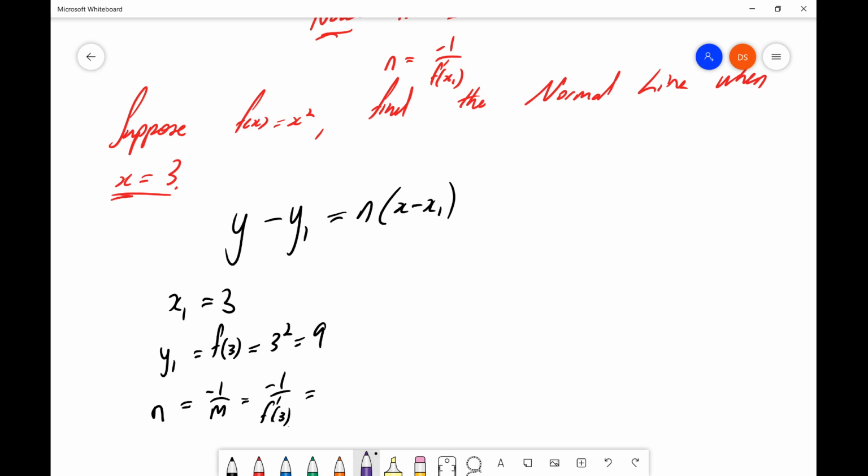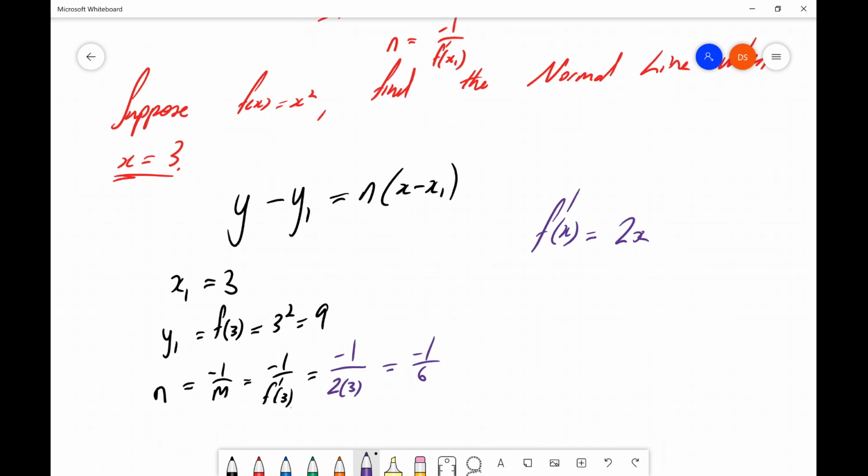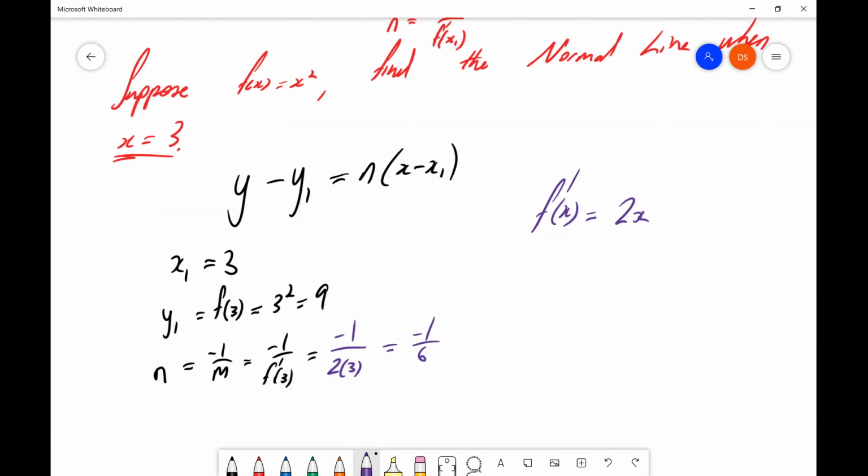So first off, we're going to go find the derivative. If you differentiate this, you get 2x. And so this is -1 over 2 times 3. So that's -1/6. Okay? So the equation is y minus y1 equals -1/6 times x minus x1.